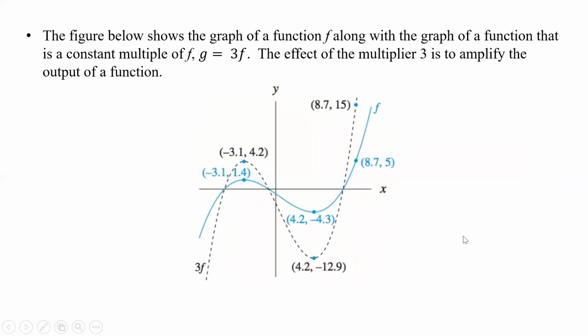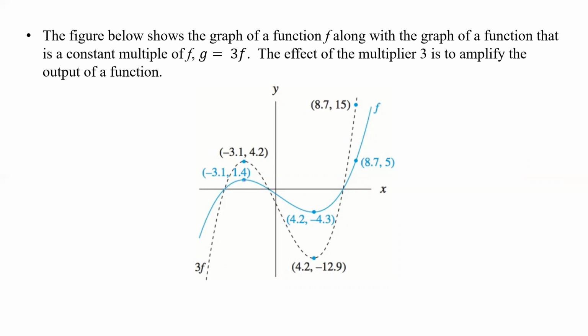All right, so now looking at this, the figure below shows a graph of a function f along with the graph of a function that is a constant multiple of f. So we have our normal f, which is the blue line, and then what we've done is we've taken 3 times f, and that's our dotted line.